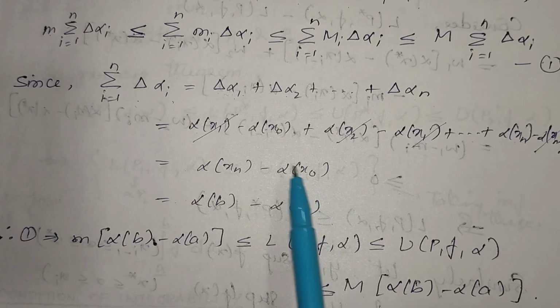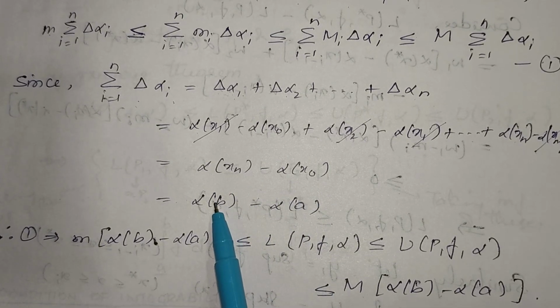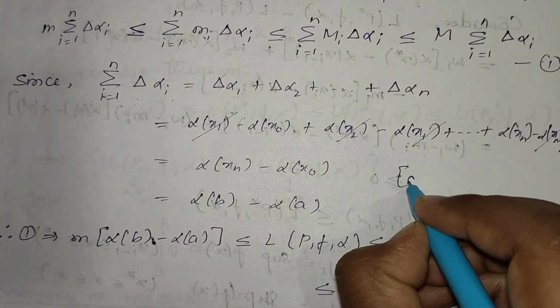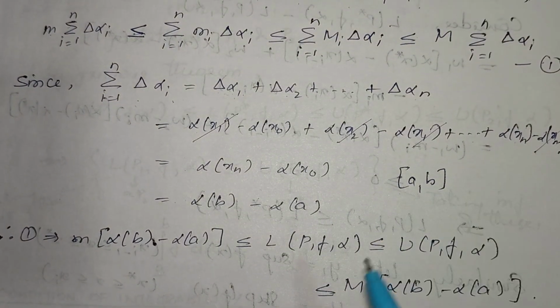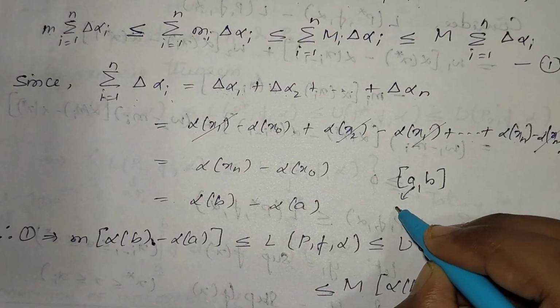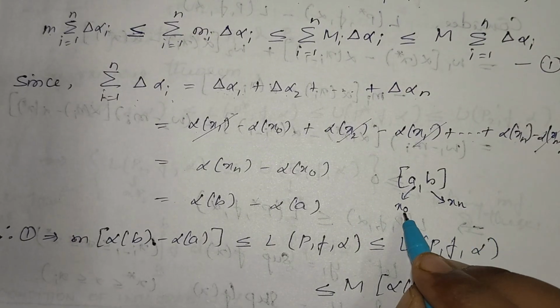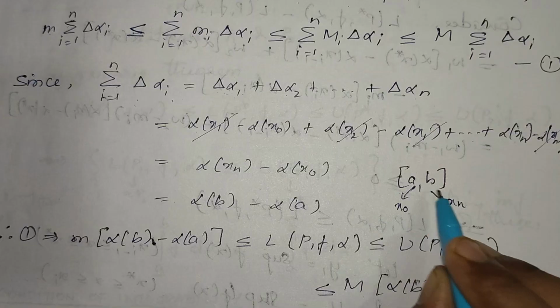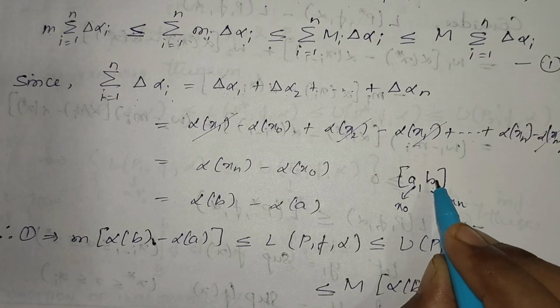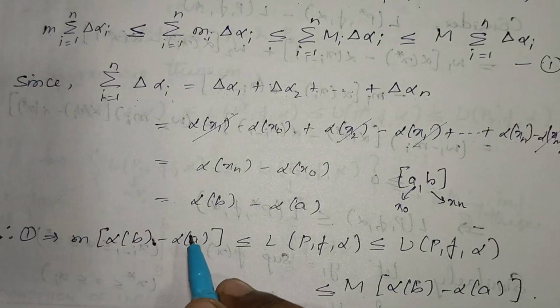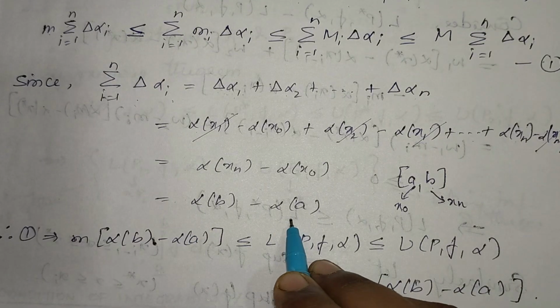And what is this actually? xn is nothing but b, and x0 is nothing but a. See, that closed interval a comma b. Okay, here this is nothing but x0, and this is nothing but xn. And this x0 equal to a and xn equal to b holds for each and every partition which you consider. Okay, so alpha b minus alpha a.